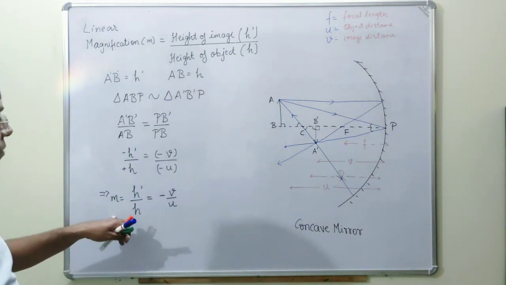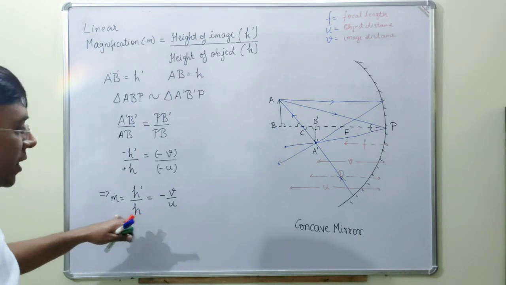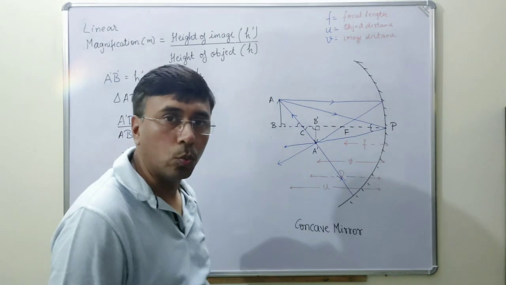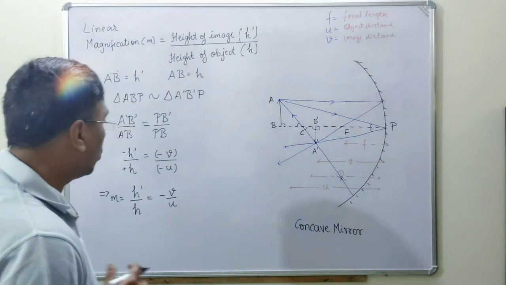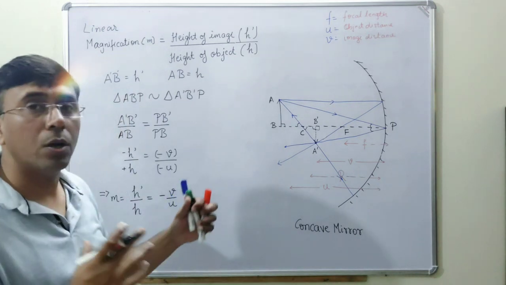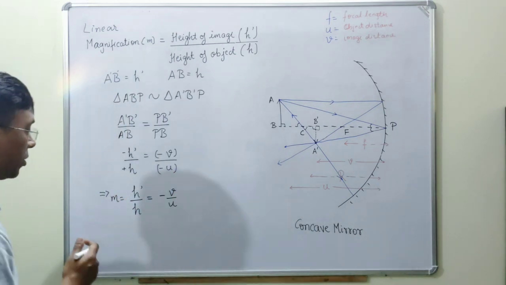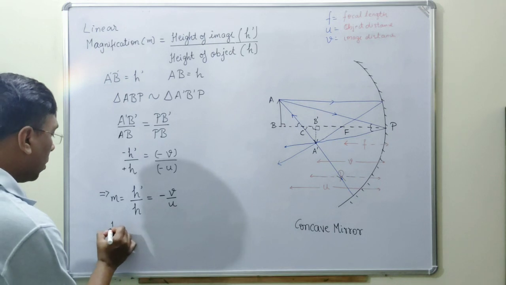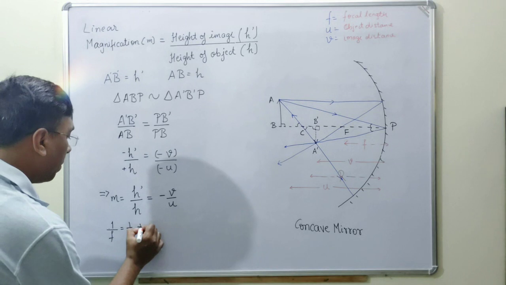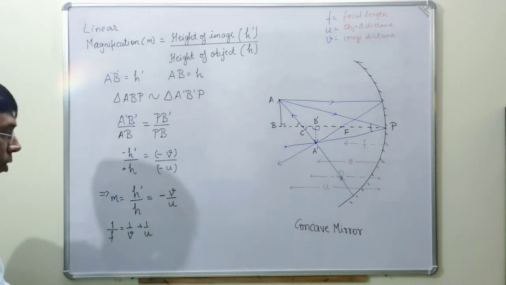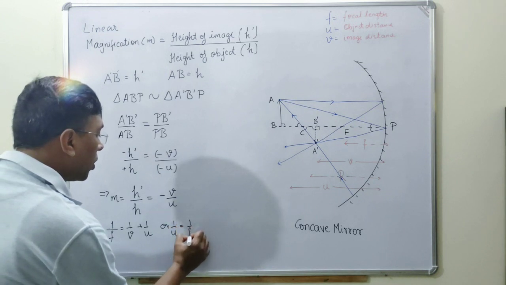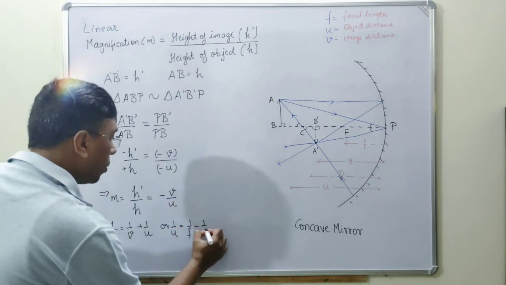Here we have written the formula for the magnification in terms of v and u. Now what we can do further is club this formula with the mirror formula. What is the mirror formula? The mirror formula is 1 upon f equals 1 upon v plus 1 upon u, or I can write 1 upon u equals 1 upon f minus 1 upon v.